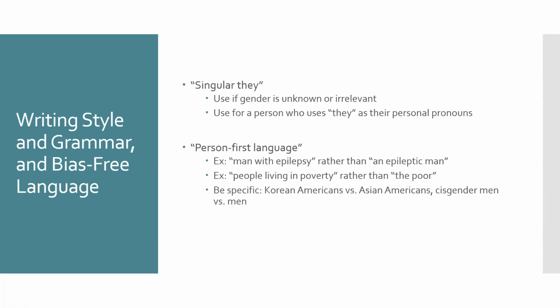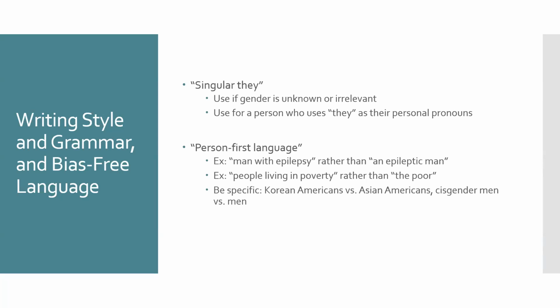And also they have added preferring first person language. So first person language means that you are talking about people with their personhood first, and then whatever they are dealing with second. So a good example of that would be saying a man with epilepsy rather than an epileptic man.